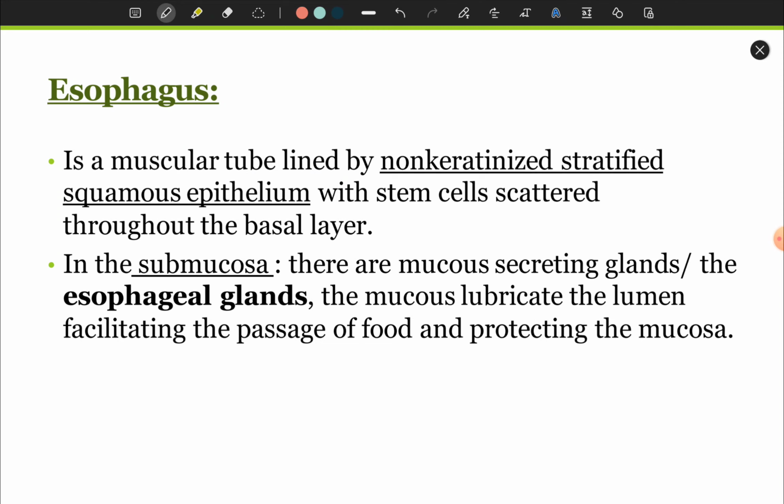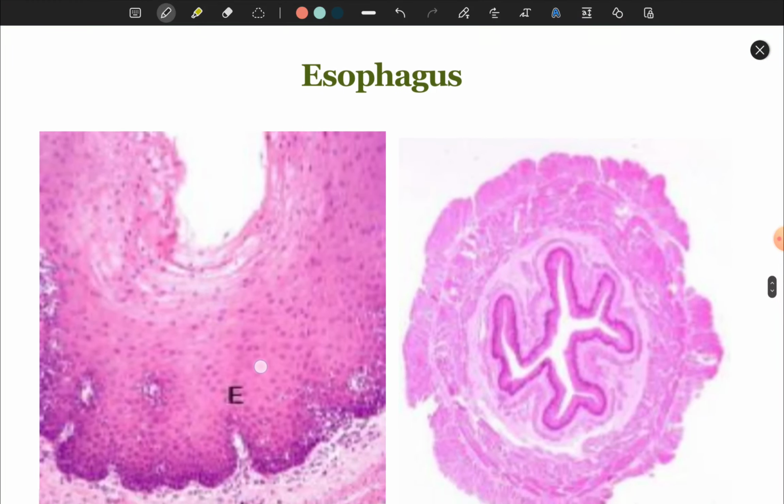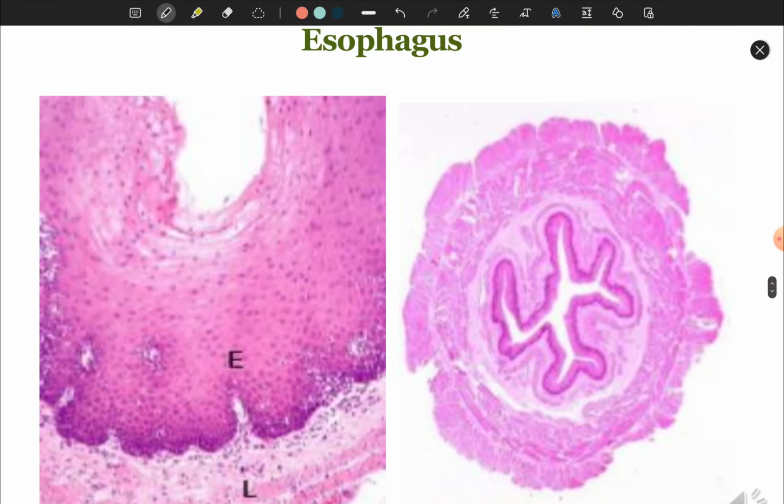On the left side we have this high power slide stained with H&E, where the E represents the full thickness of the epithelium from here to here.